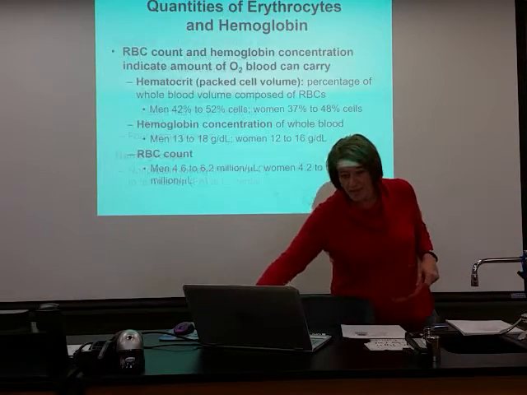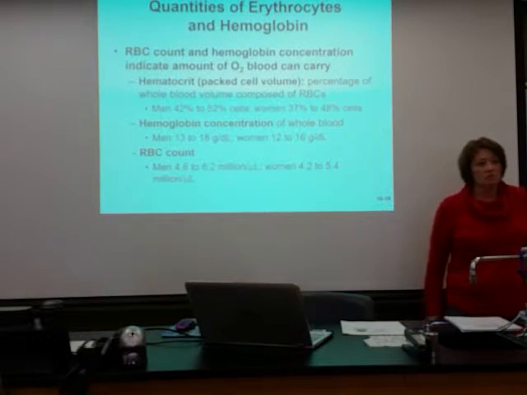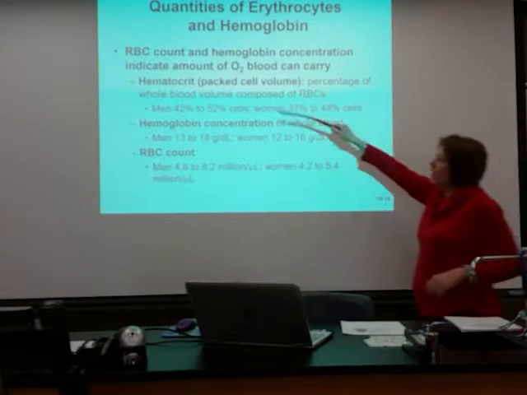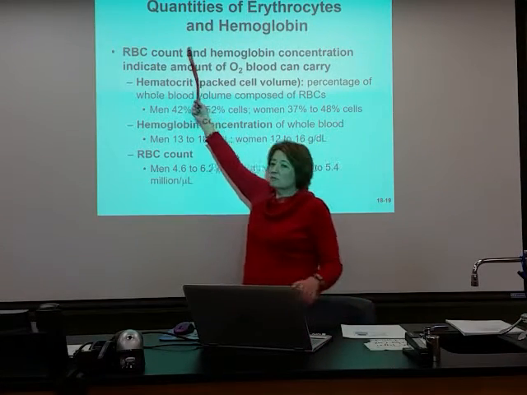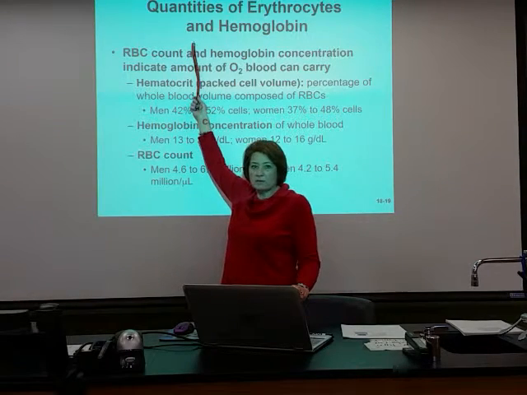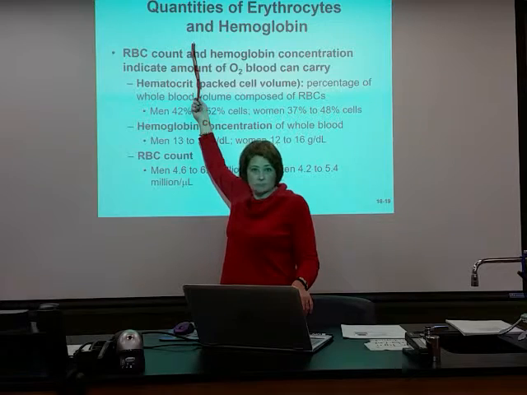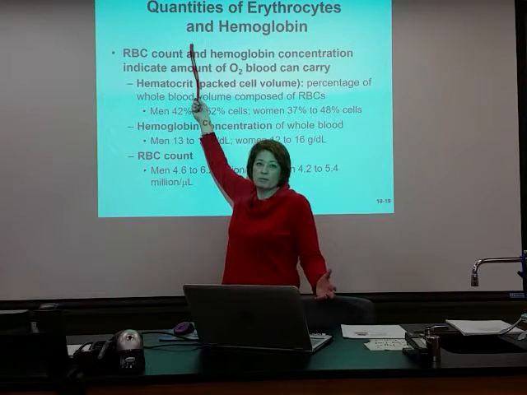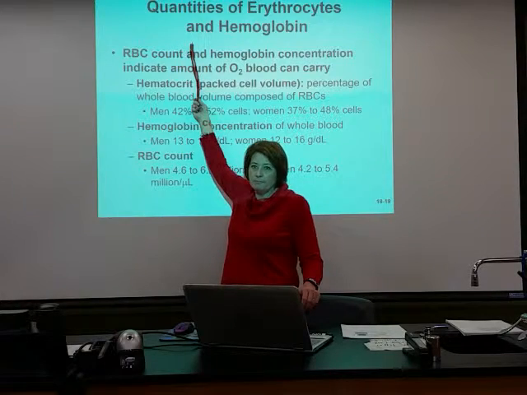So when we look at oxygen amounts within the body, the red blood cell count, and let's stop right there, because you can actually have a red blood cell count done. That can try to determine the number of red blood cells you have in your body.